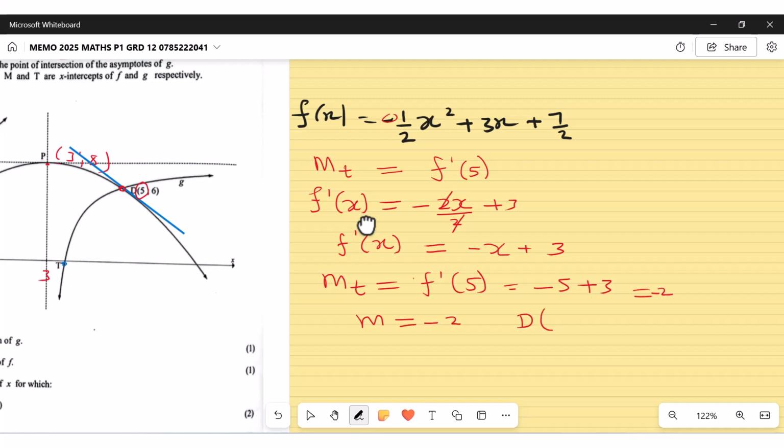So when you open brackets and simplify, you're going to get y equals negative 2x, and this will give us positive 10, and then 10 plus 6 gives us 16. So that is plus 16 here, and so that's our tangent equation.